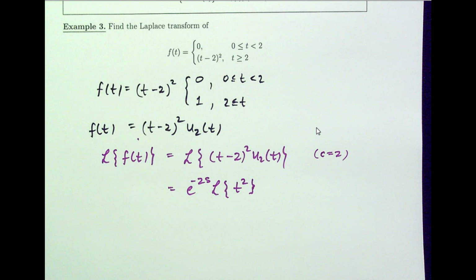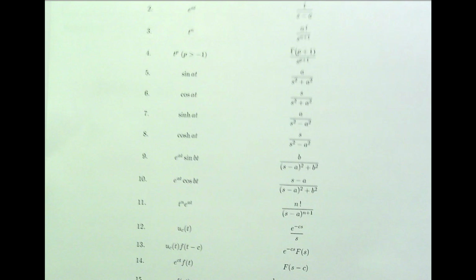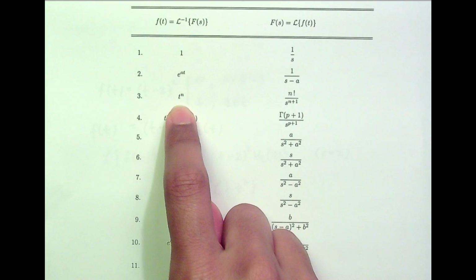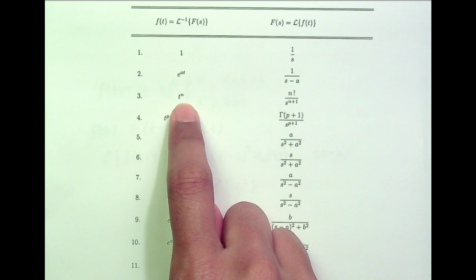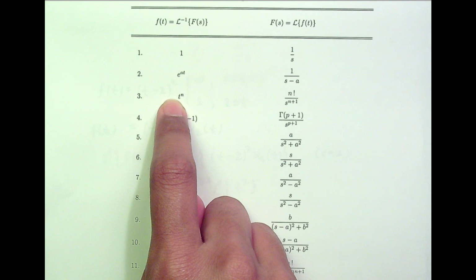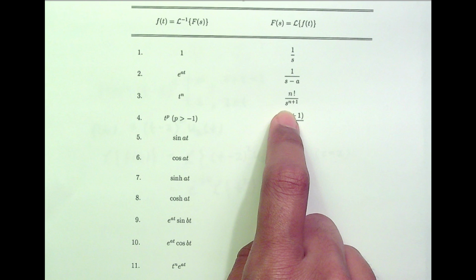And now we have to look up what is the Laplace transform of t squared. Okay, and that we just look it up in the table of Laplace transforms. So the Laplace transform of t to the n, when n equals 2, will be 2 factorial over s to the 2 plus 1.